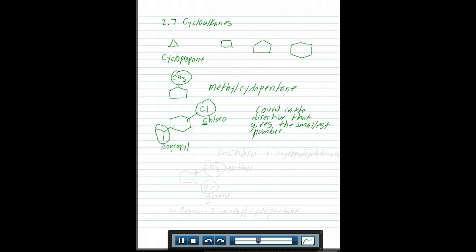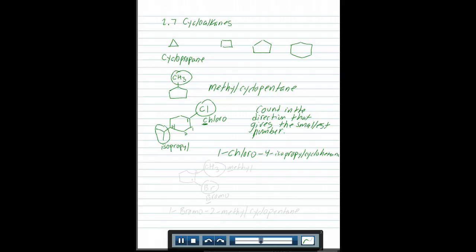Okay, now like I said, in this case, it doesn't matter which way you count, you're going to get the 4 either way. Okay, so the name of this would be 1-chloro-4-isopropylcyclohexane.